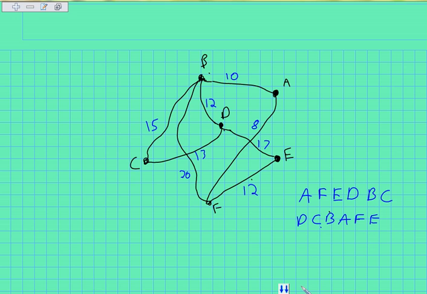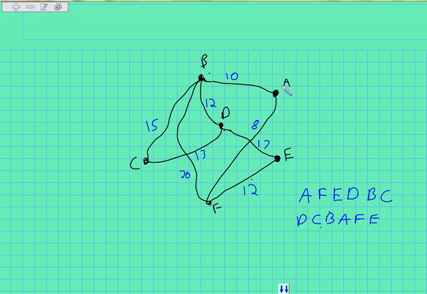In this case, I'm going to say that the weight of each path gives us some sort of efficiency. And of course, when we're dealing with efficiency, we want to make that number as small as possible. So even though these are both good paths, we want to figure out which one's better. So I'm going to add up all of these weights.